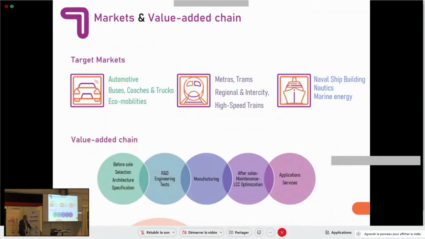Every company in Totem works from the beginning on the added value chain before sales, for example, for selecting companies for big players, but also for working on specification. And after, it's possible, of course, to develop with several companies equipment, devices, manufacturing, and after services, maintenance, and application and systems.